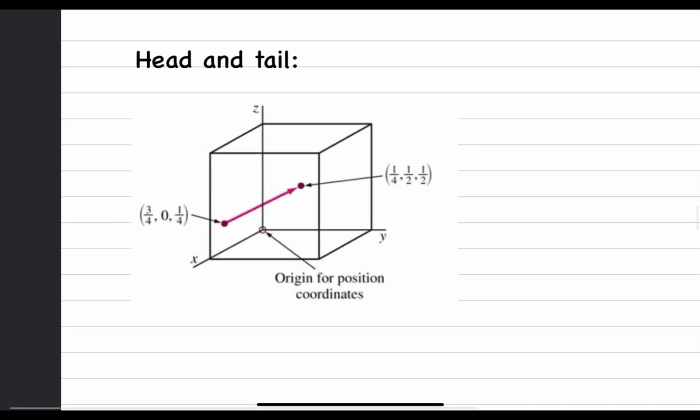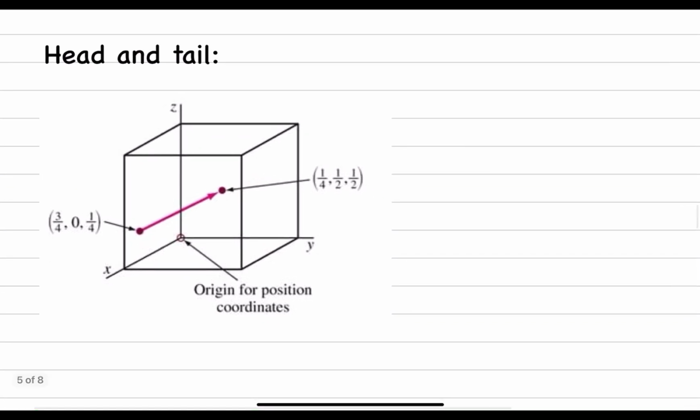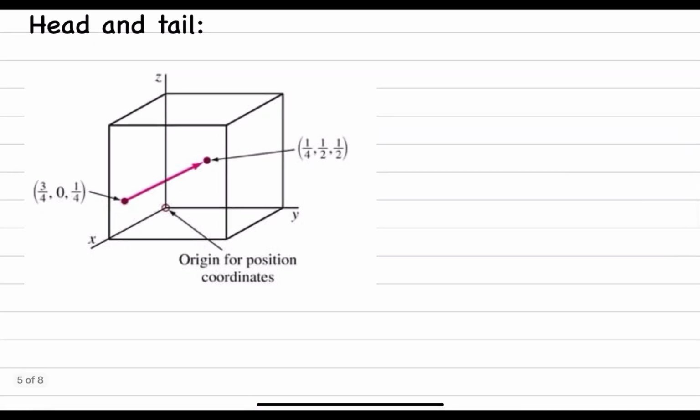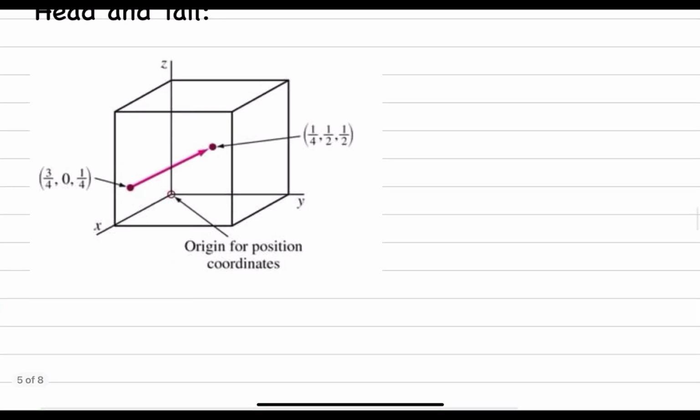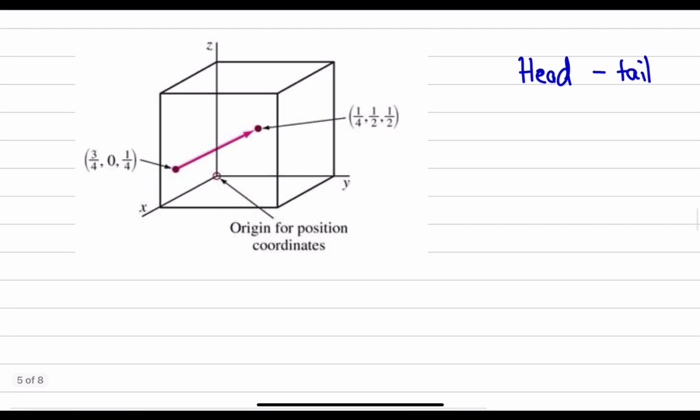And the last idea is head and tail, and this is very simple math. Only math. We didn't need to draw anything. We calculate, and we multiply if we need to. So the equation says the head minus the tail.